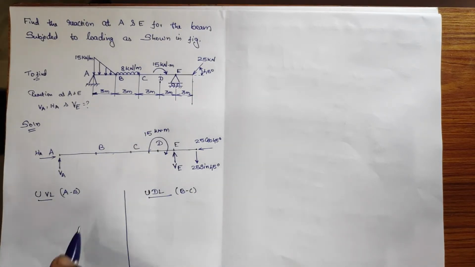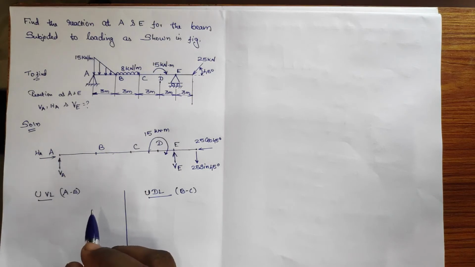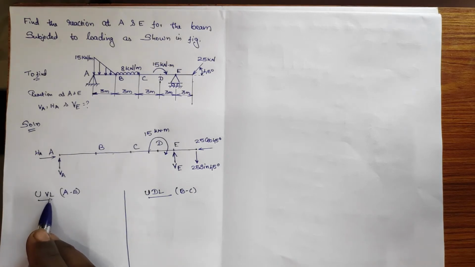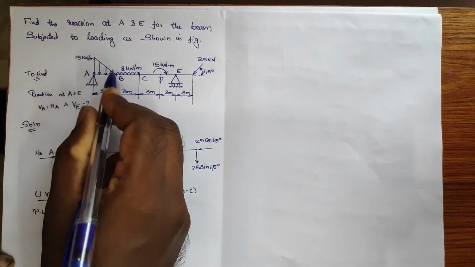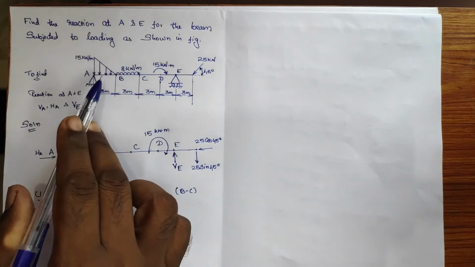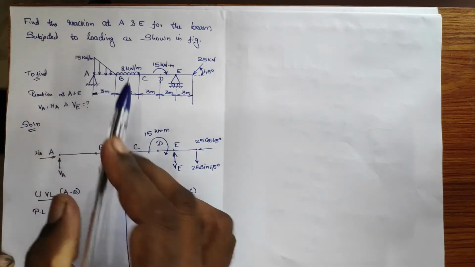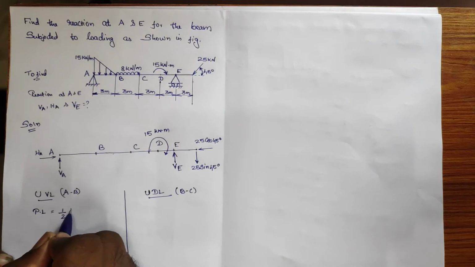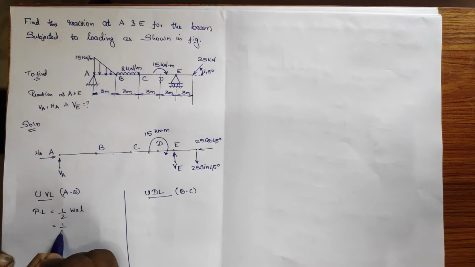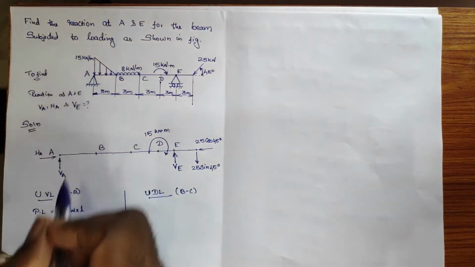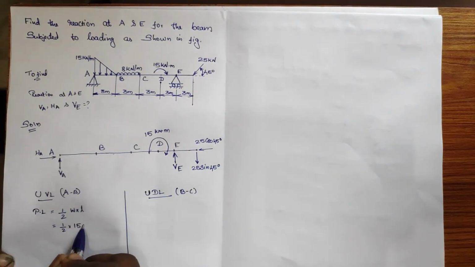Let us try to see. Here we need to convert it into a point load. In order to convert the UVL into a point load, it's a triangular load, the formula is 1 by 2 times intensity of load times L. So 1 by 2 into its intensity of load, 15 kilonewton per meter, into length.